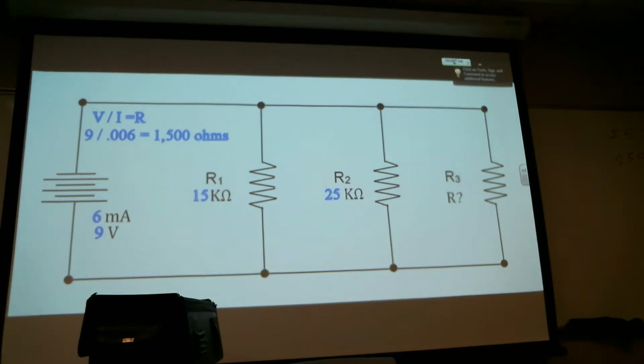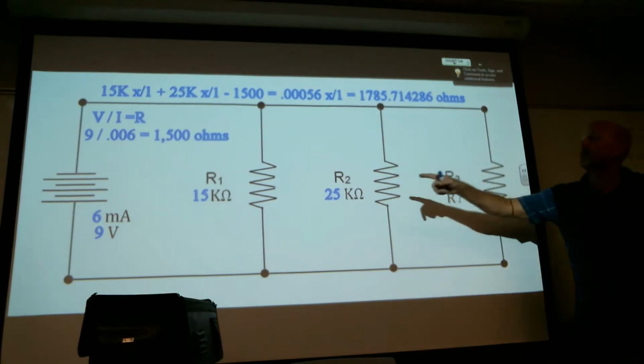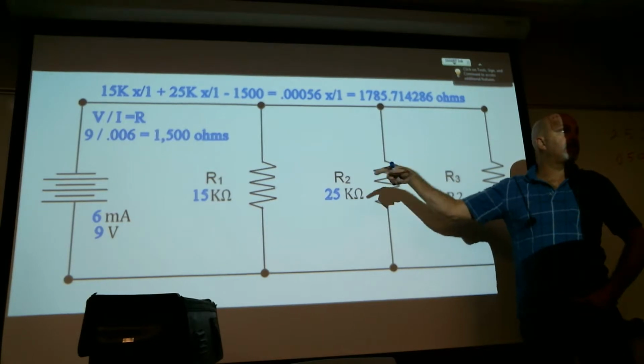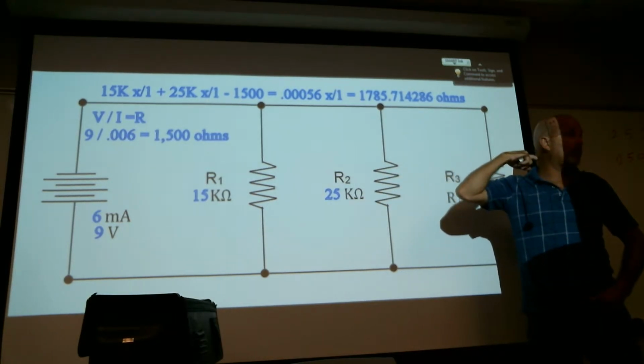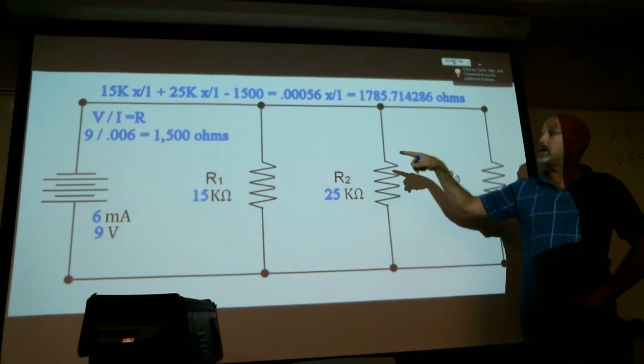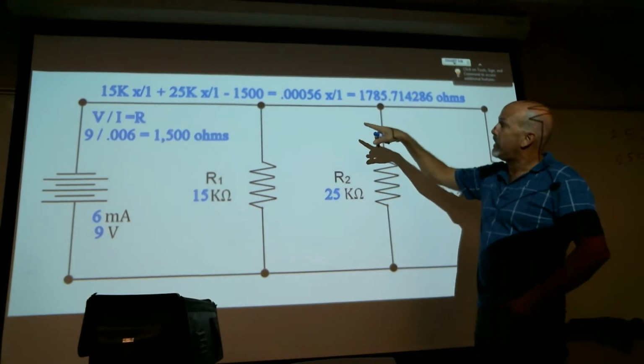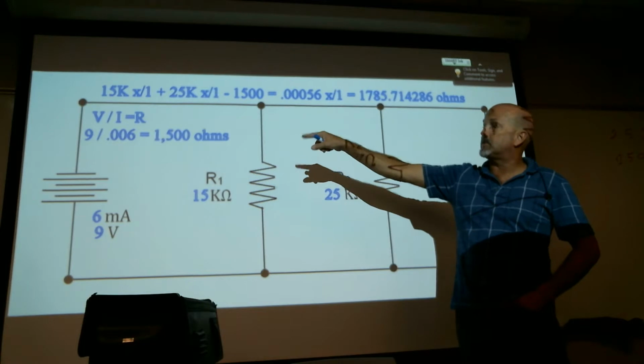What they're doing here is getting the total resistance and figuring it the other way. You can do it that way too, but I liked my way better, the first way. This one figures the total resistance, and then you do the 1 over x procedure backwards. The total resistance is 1,500 ohms.